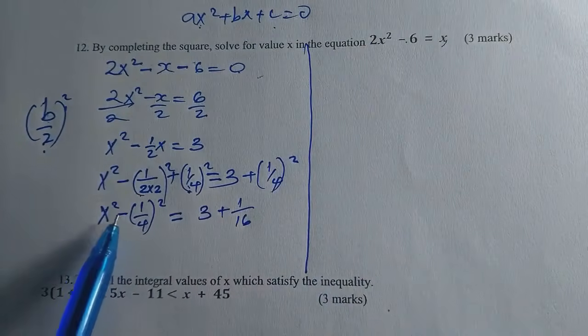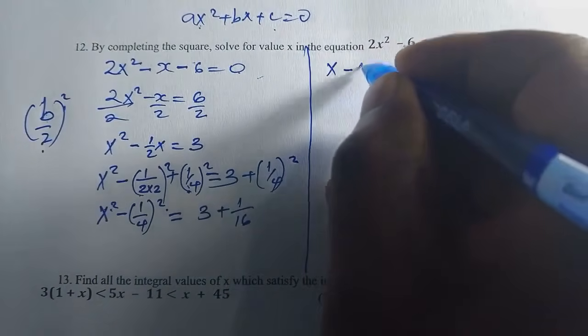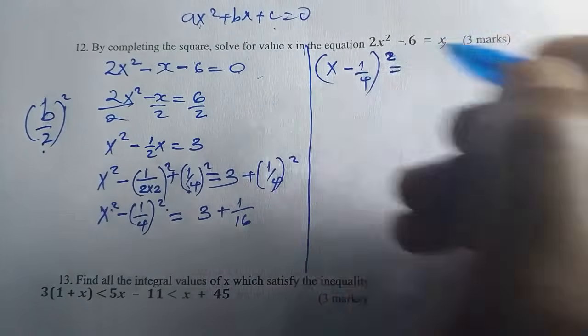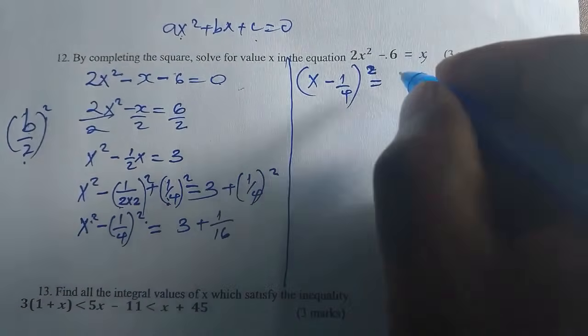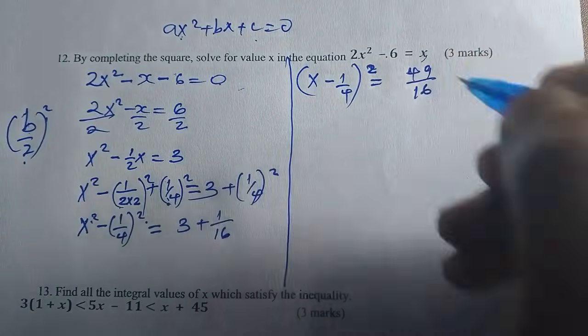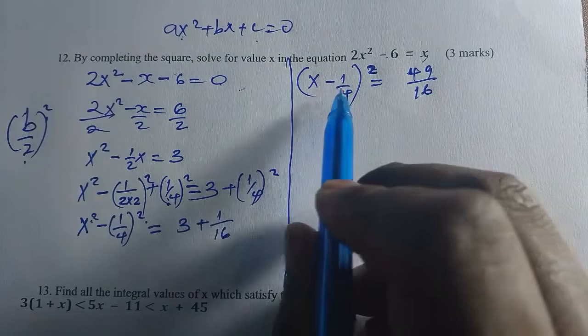Now this is a square and it's a square. We take one square, that is x minus 1 over 4, everything squared is equal to, when you add this, you will get 49 over 16. Now we need the value of x.